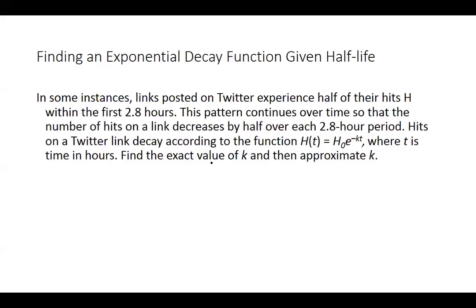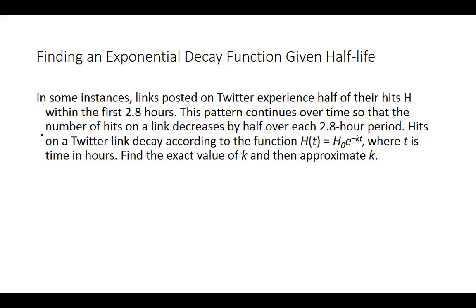This is another application problem involving logarithms, and this one is finding the exponential decay function given half-life. In some instances, links posted on Twitter experience half of their hits within the first 2.5 hours. This pattern continues over time so that the number of hits on a link decreases by half over each 2.5-hour period.